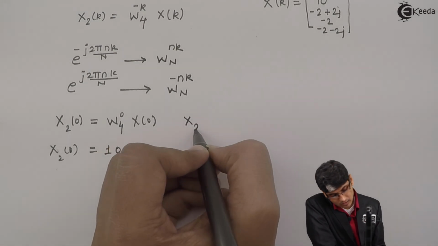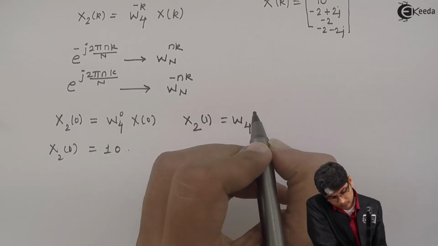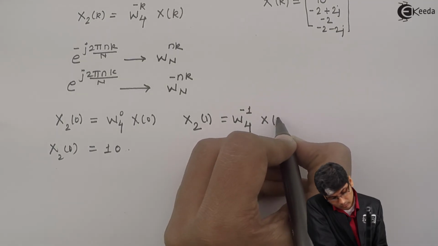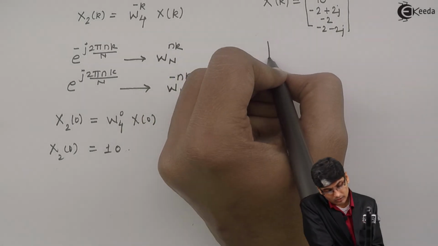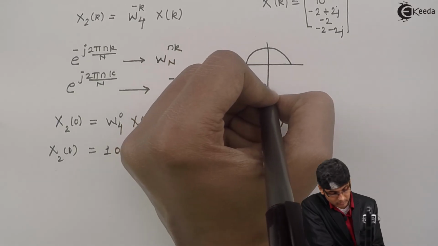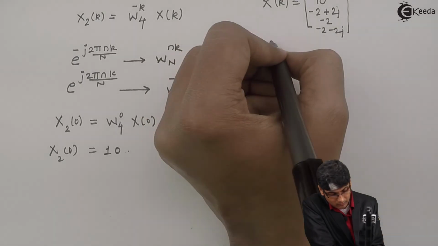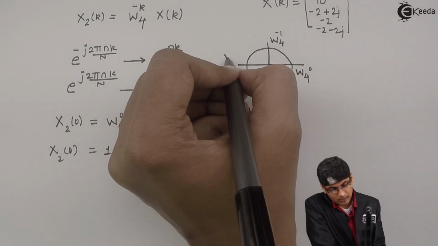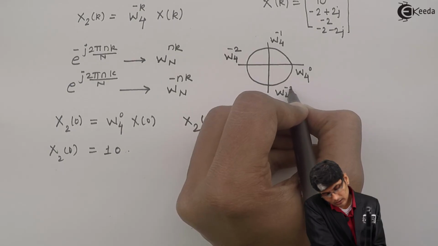Next, X2 of 1 will be equal to W_4 raised to minus 1 times X of 1. Now remember, when I draw a circle with the W having negative index, it will be like this: W_4 raised to 0, then W_4 raised to minus 1, then W_4 raised to minus 2 and then W_4 raised to minus 3.